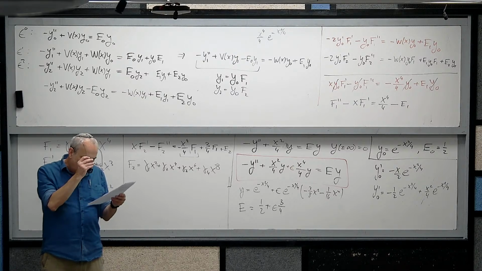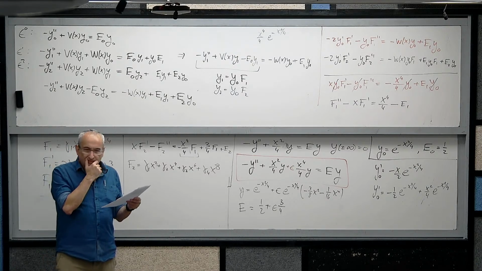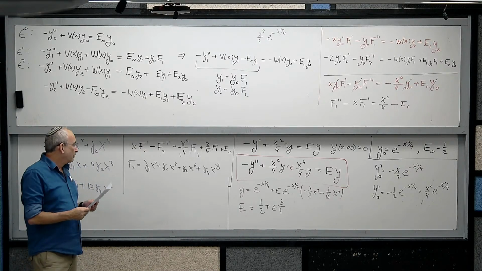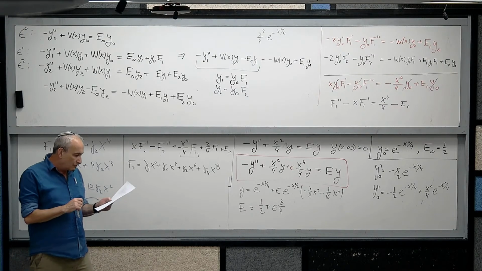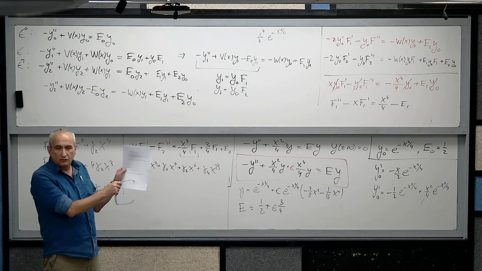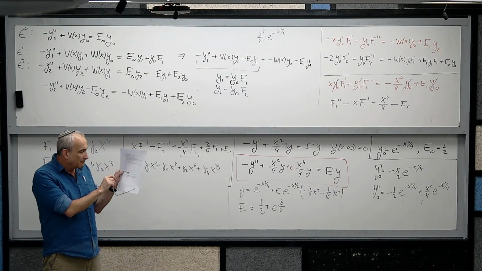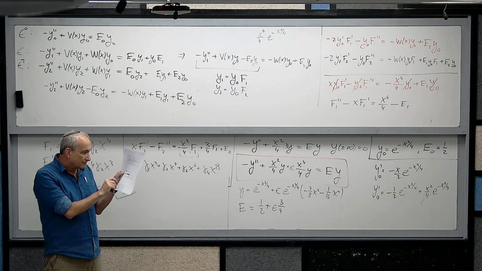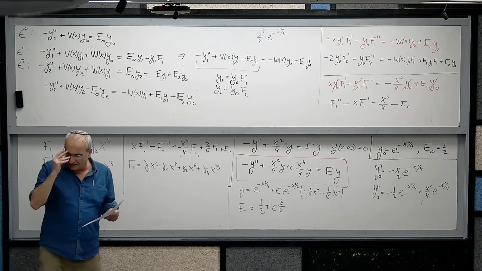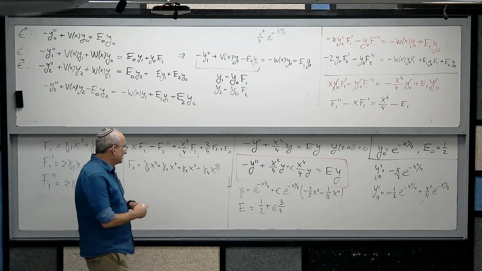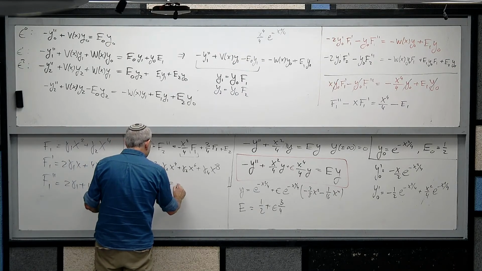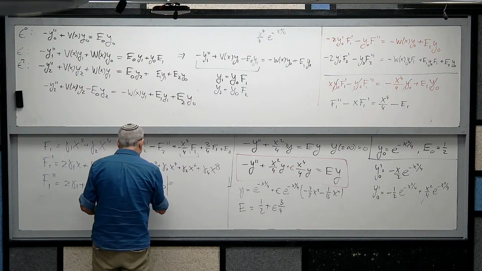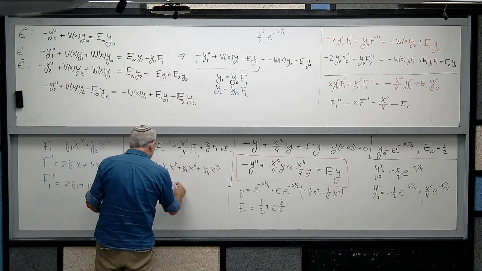Right, and it's about 0.3. What I'm showing you here is not E, but E minus E naught. This is the correction to E, right? It's not E, it's E minus E naught. So E minus E naught at epsilon equals 1 is point what?